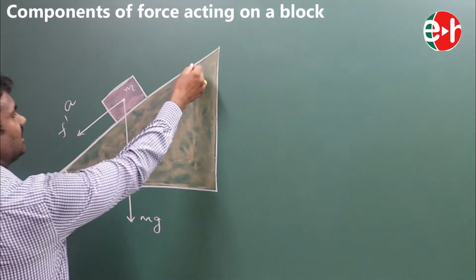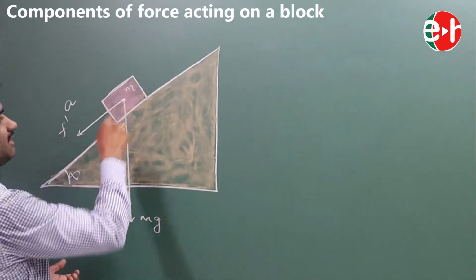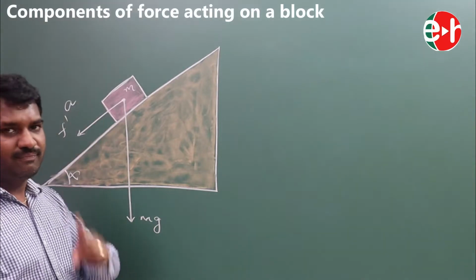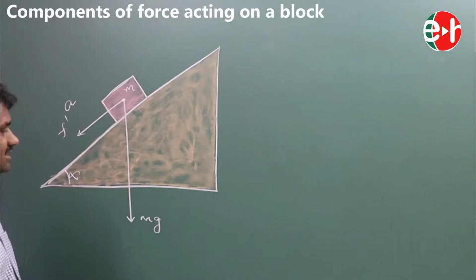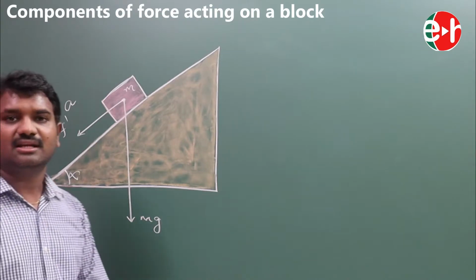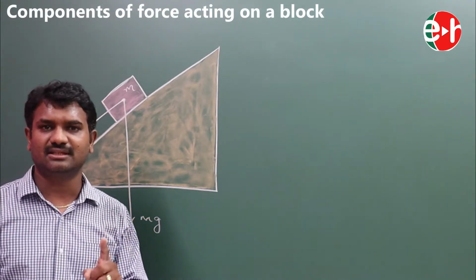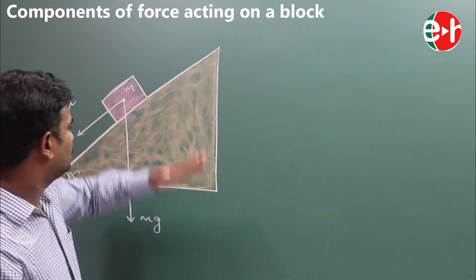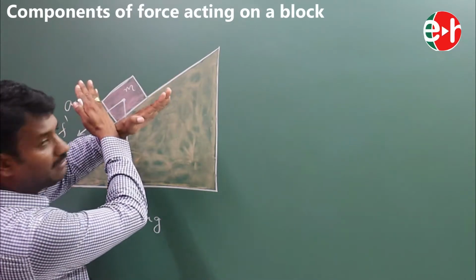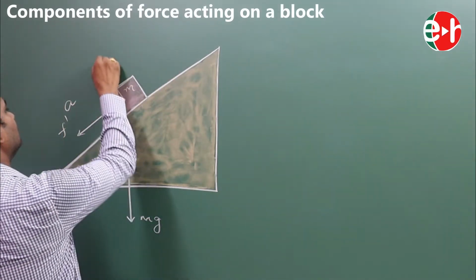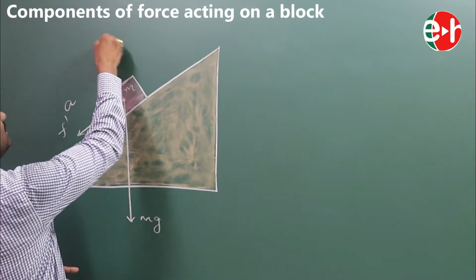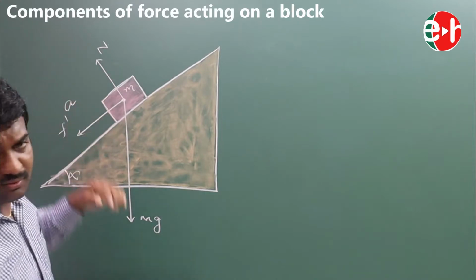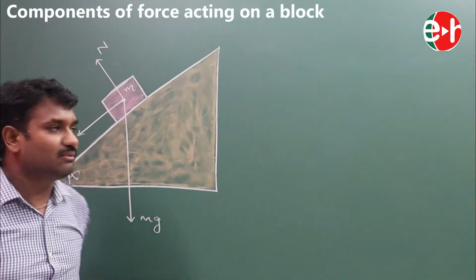Now, as an object is kept on this surface, what are the forces acting on this block? We have to study now. One is mg in this direction, the other one is the normal reaction. Normal means perpendicular, so it always acts in the direction perpendicular to the surface. So this is our surface, this is our perpendicular, and in this direction the normal reaction is acting on this body. As N is acting in the upward direction, this object should move upward, but it is not moving in this direction.